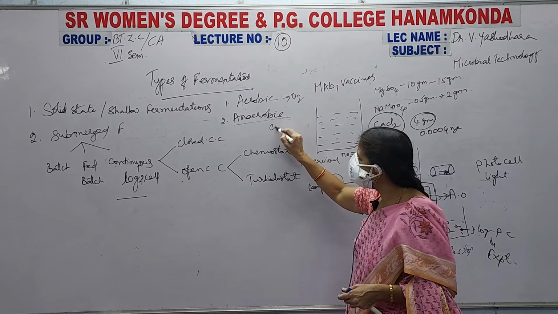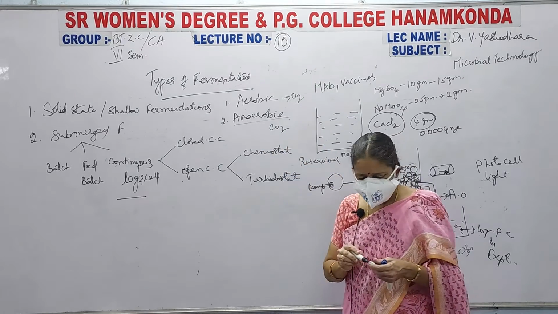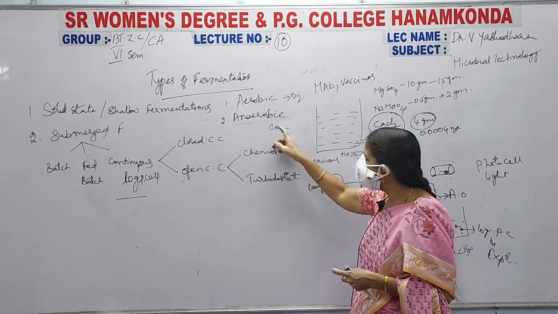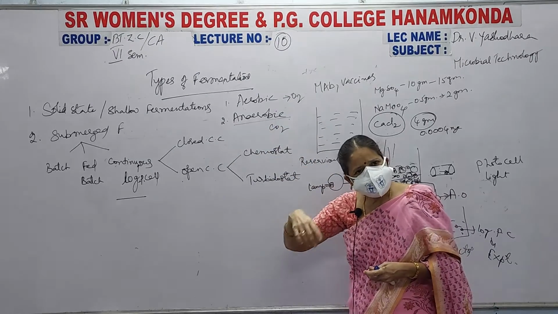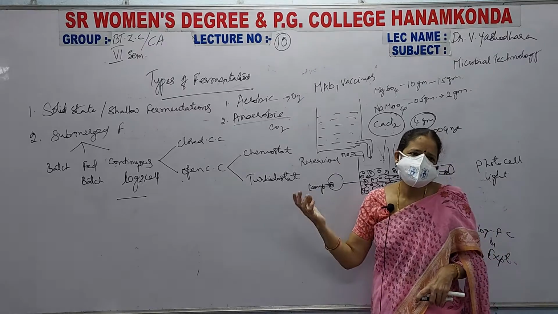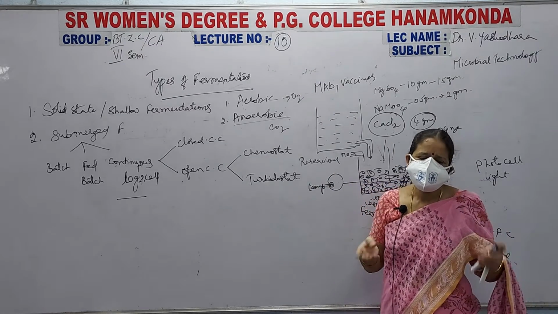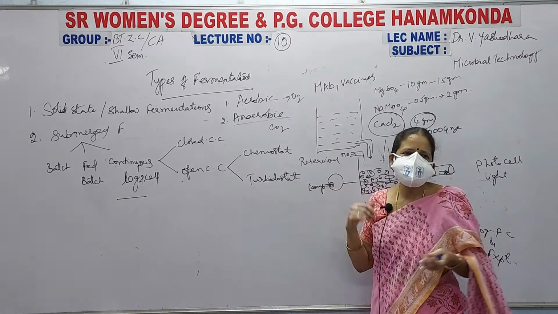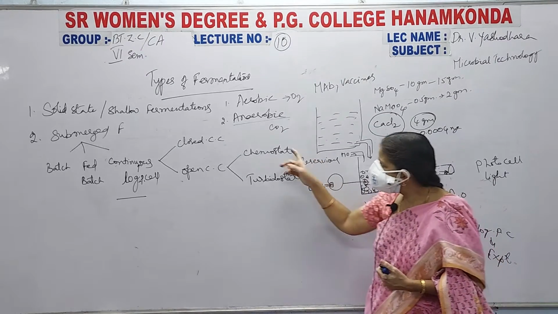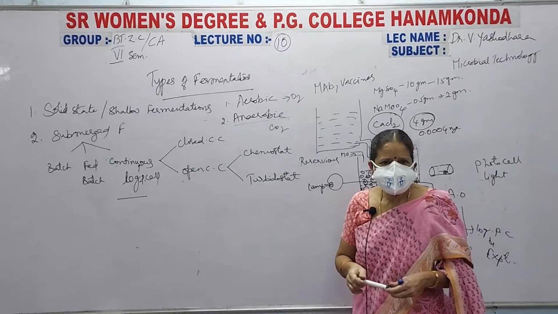Anaerobic fermentation, in this carbon dioxide is used through the air pump, and here oxygen is not useful. In anaerobic fermentation, the microorganism itself releases the carbon dioxide, and that carbon dioxide is used for its survival, and division and increasing the number of cells, that is log phase. So that is known as anaerobic fermentation.